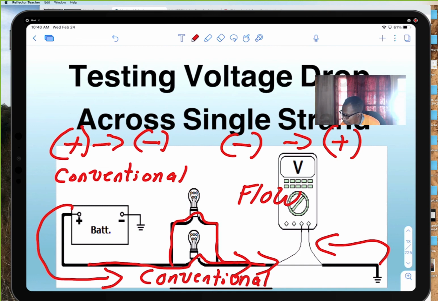The other one is called electron flow. Does it really matter? No, not really. There's just two different scientists debating. We usually check everything conventional, positive and negative. But there's sometimes you want to go negative, positive.